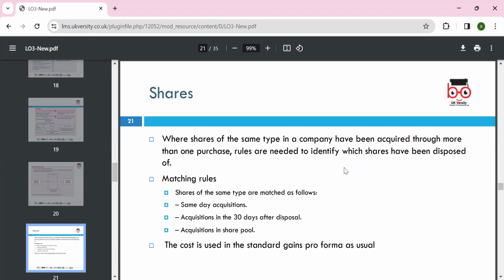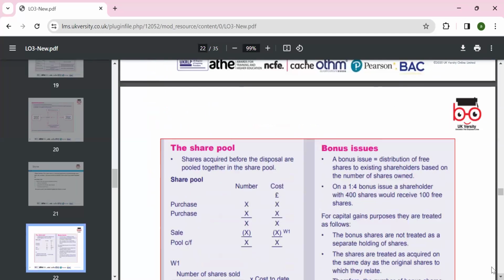Same day acquisition, acquisition in the 30 days after the disposal, and sometimes a few days, even a few hours, really matters, and then we do the indexation. We can say how many shares we purchased, how much cost we have at different dates, how many shares we disposed of, and how much we can carry forward. So we can do our working.